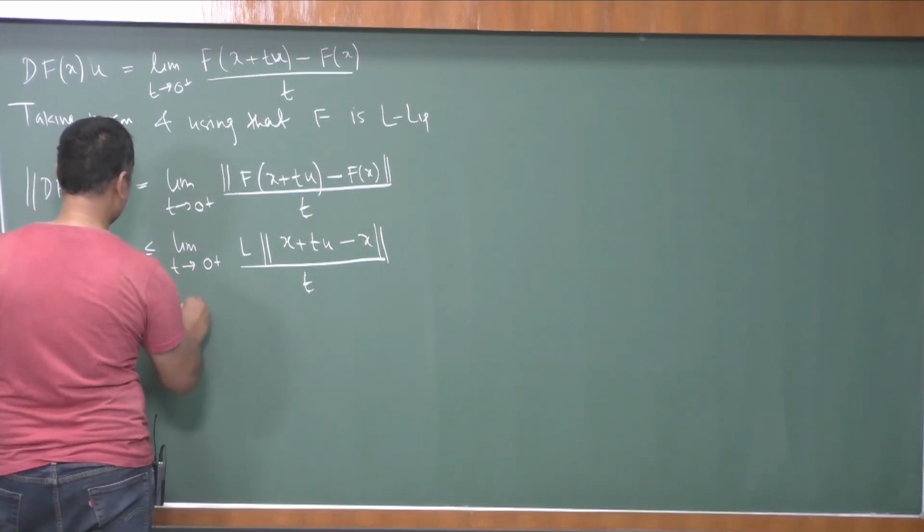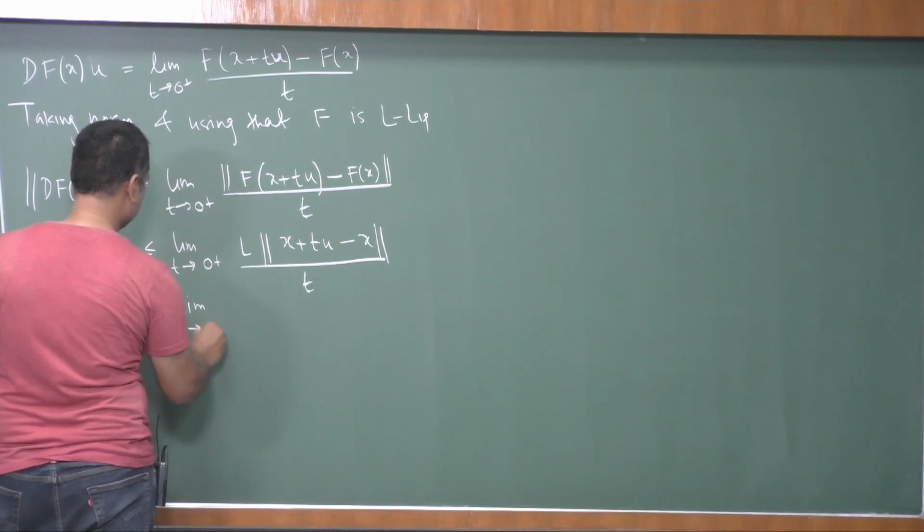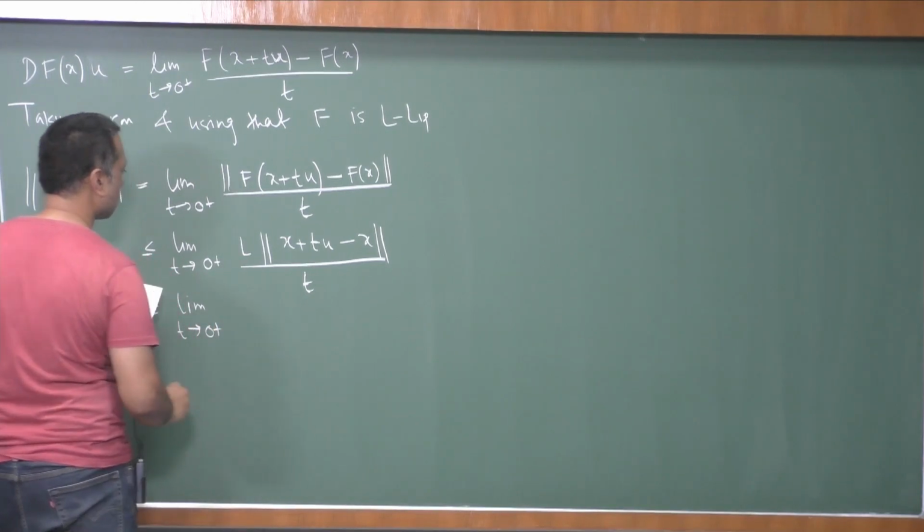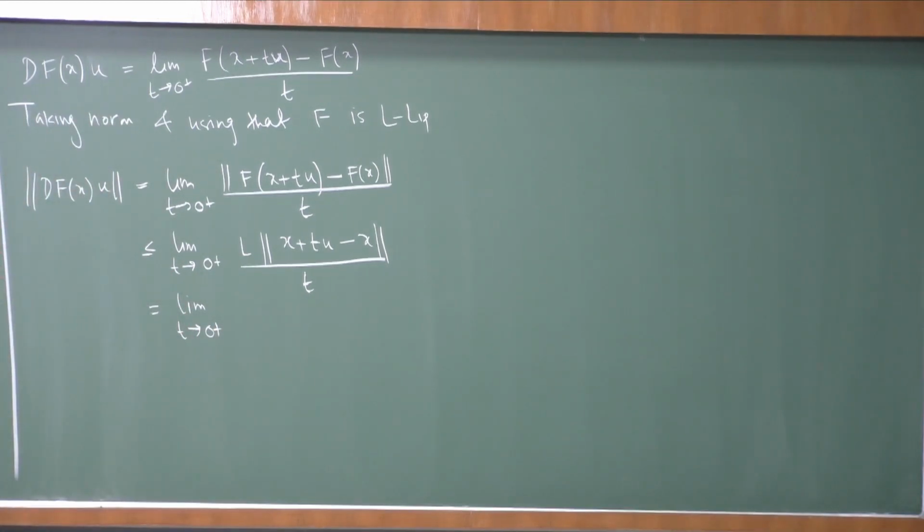And this is equal to the limit as t tends to 0 plus. Now x gets cancelled, t comes out. t was positive because it goes to 0 from the positive side, so it comes out. And u was norm 1, so the u remains inside the norm, and it was 1.